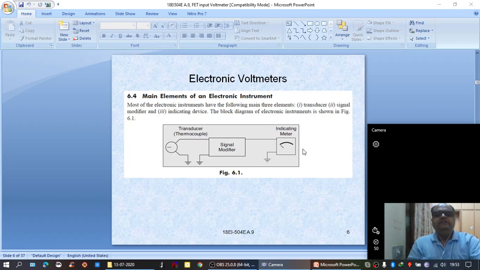Right? So the basic three parts are transducer, signal modifier, and the indicating meter.